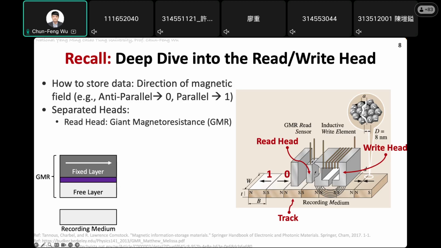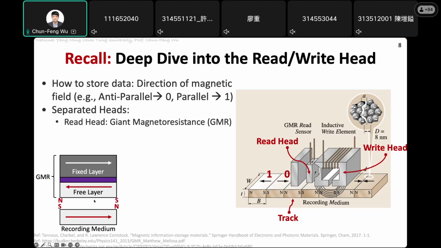It changes its direction according to the magnetic field of the recording medium. So when the GMR head, the read head, moves through the recording medium, then according to the physics we learned, the free layer will be set according to the magnetic direction of the recording medium.